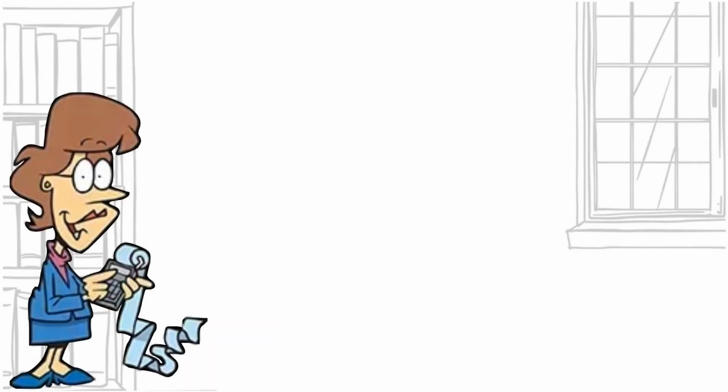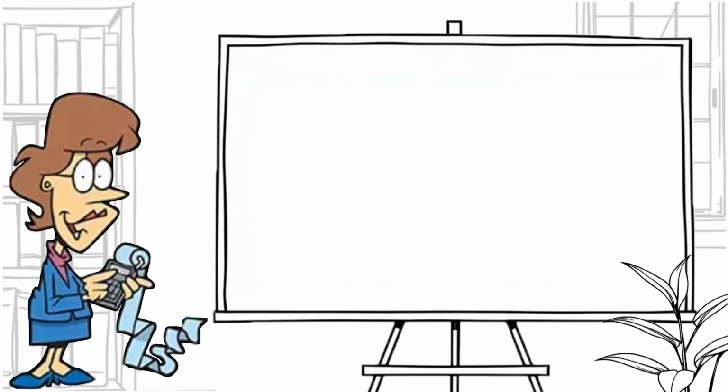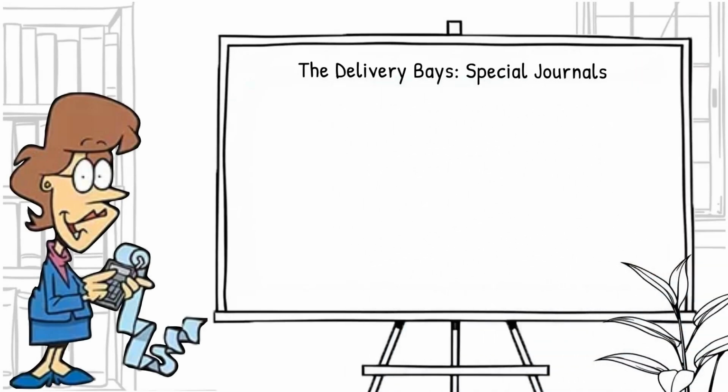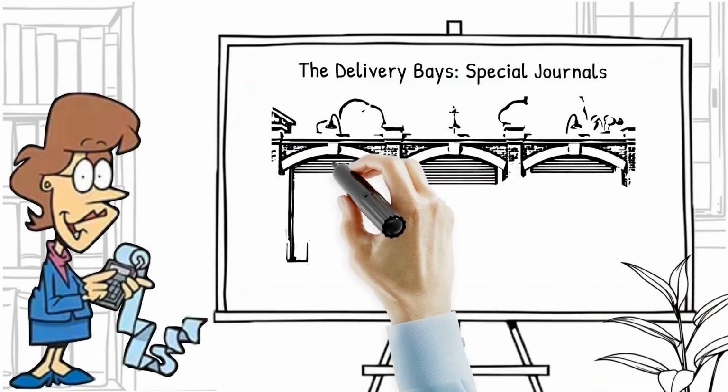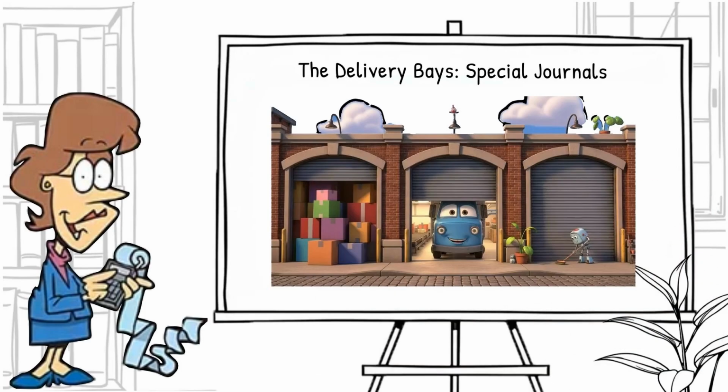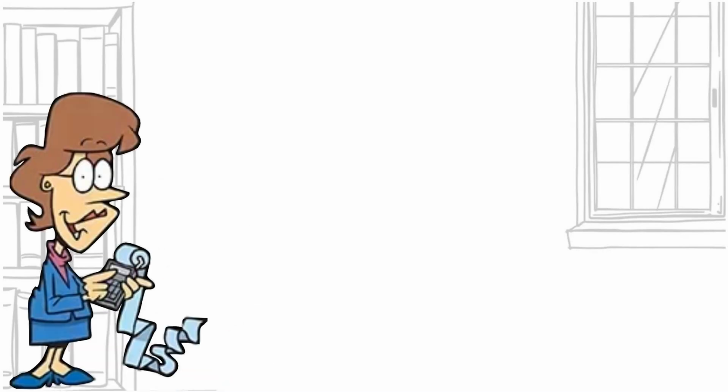5. The delivery bays, special journals. To keep the construction site from becoming a chaotic bottleneck, you have the delivery bays, which represent your special journals. Instead of every single brick going through the main front door, you have specific gates for high-volume, repetitive deliveries. The lumber gate, sales journal, where every instance of the house selling its space or services is recorded.